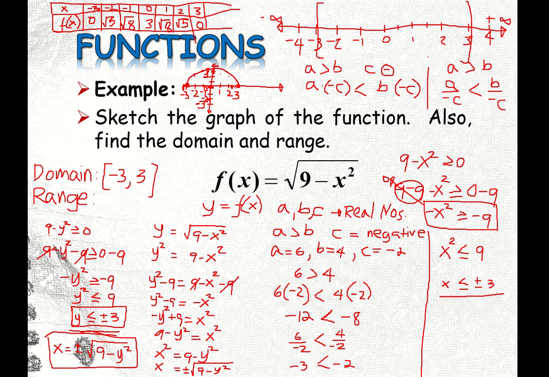And when y is equal to +2, that would be square root of 5, so x is somewhere here. And when y is equal to 3, 3 squared, so 0, x would be 0, somewhere here. So we can see that the range is somewhere here.